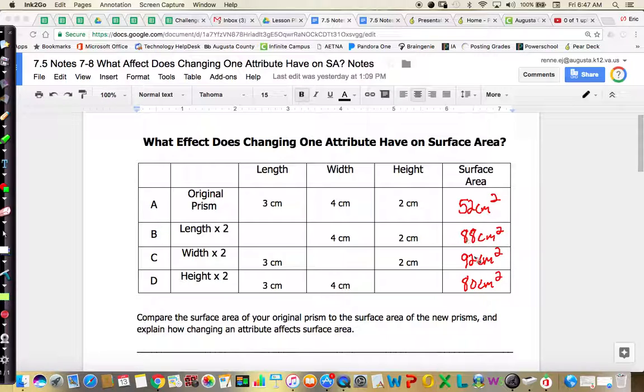Are any of these 104? No. But do they all go up? Yes. 52 to 88 it went up by 36. 52 to 92, it went up by 40. And 52 to 80, it went up by 28. Now, do they all go up by the same amount? No. So here's what we're going to say.